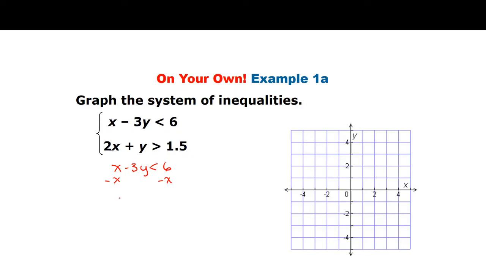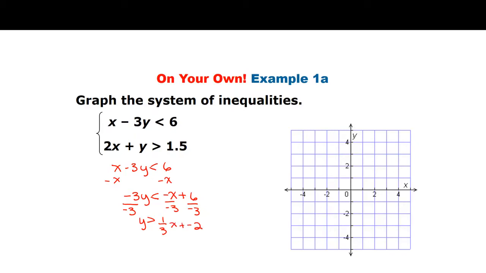That leaves us with negative 3y is less than negative x plus 6. And next we need to divide both sides by negative 3. And remember, when we divide by negative 3, we have to change our sign. All right, and that gives us y is greater than 1/3 x minus 2.